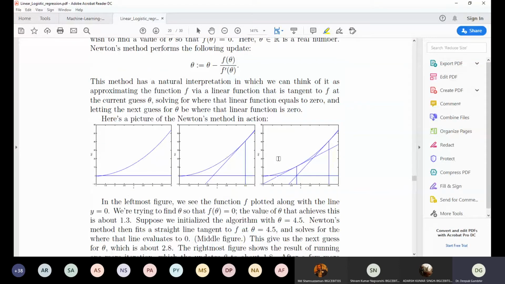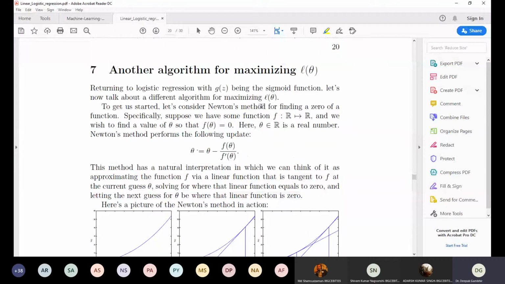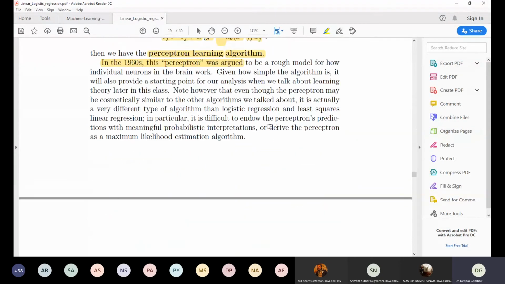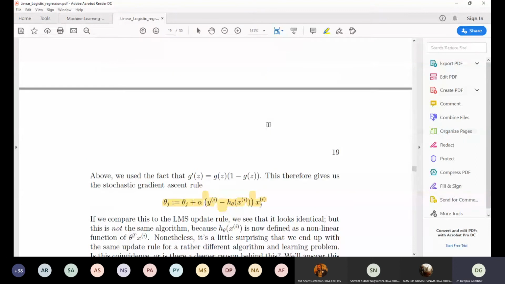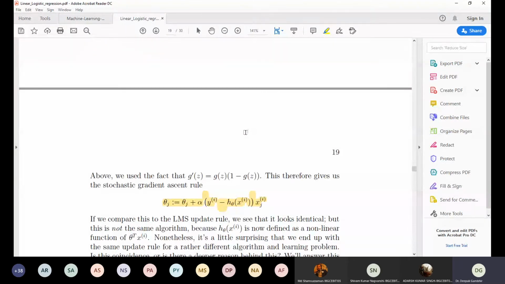This thing we need to understand a little bit more. This is about maximizing the log likelihood function L of theta, another algorithm to maximize L of theta. In the previous case, for linear regression, we considered it as a gradient ascent algorithm.